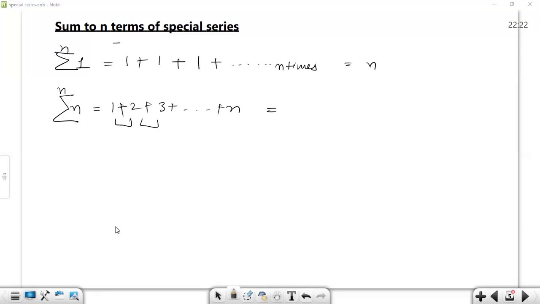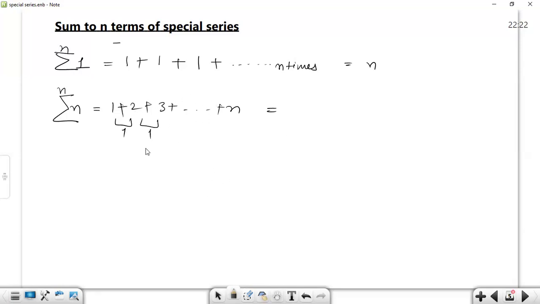The difference between 2 and 1, 3 and 2, 4 and 3, 5 and 4, 6 and 5, 7 and 6, 8 and 7 is 1.